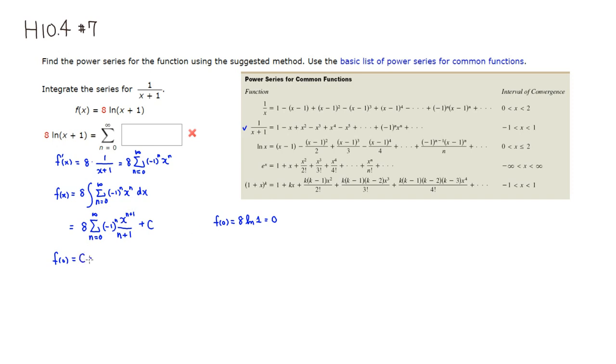This has to equal 0, so we know that c equals 0. So the power series is 8 times the summation, n goes from 0 to infinity, of negative 1 to the n, x to the n plus 1 over n plus 1.